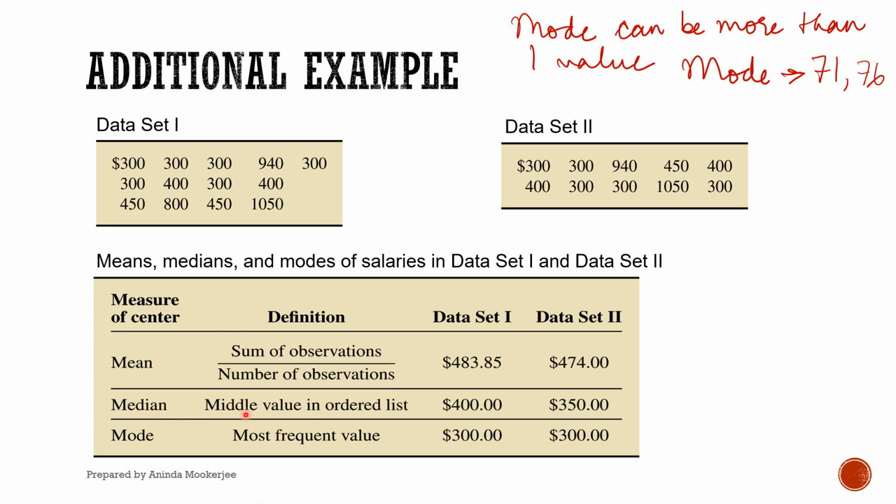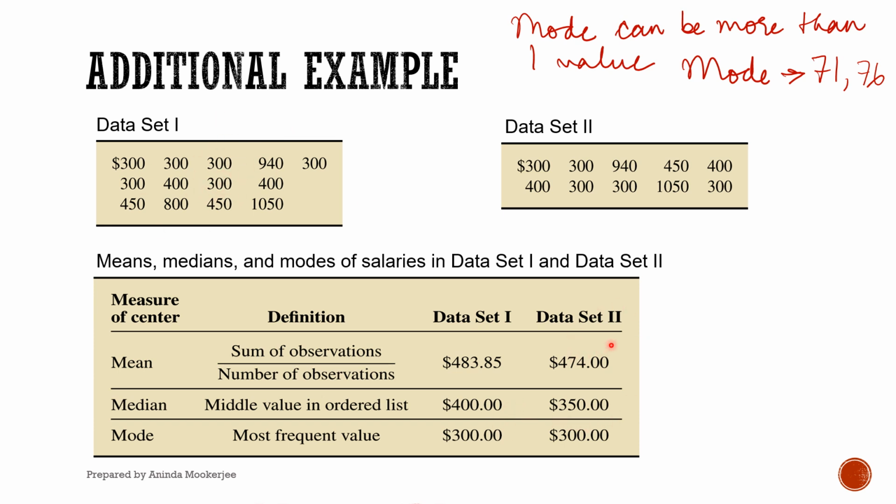Median, which is the middle value in an ordered list. So to find the middle value or the median value, we had to first arrange the data set in order, in ascending order. So for the first data set, it's 400. It was the value right at the center point of the ordered list. So this had 13 values, right?